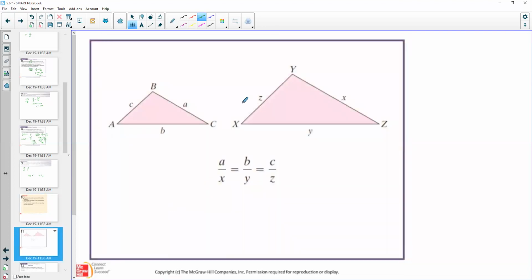Here's an example of proportional triangles, right? So C and Z are proportional because angle B and angle Y are the same. A and X are proportional. Z and C are the same. And then B and Y are proportional. A and X are the same.